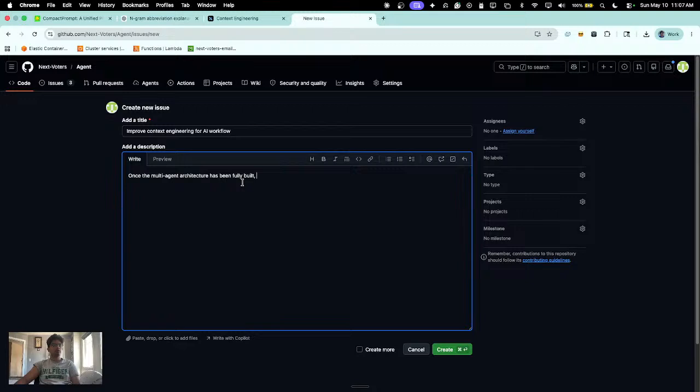Once the multi-agent architecture has been re-implemented, right now it's fine.